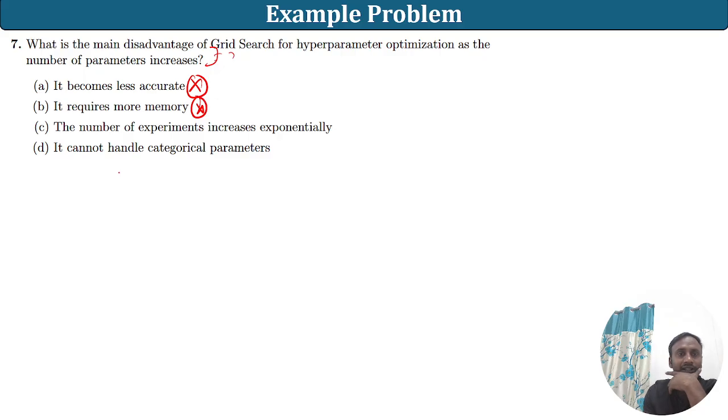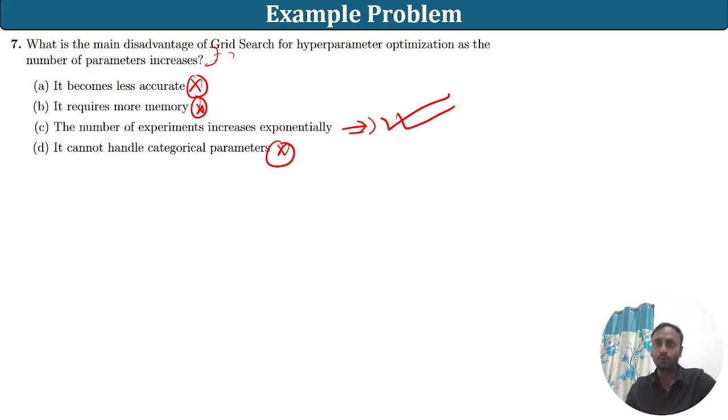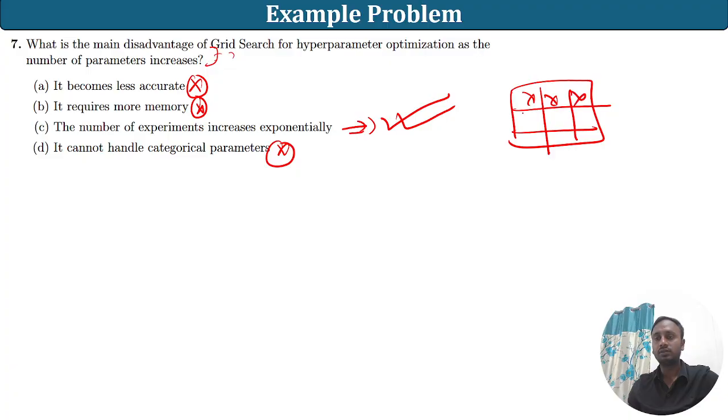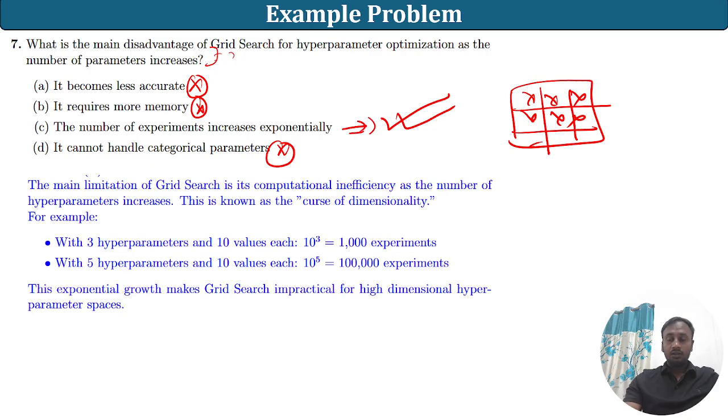So no issue. The thing is that the number of experiments is going to increase exponentially. That is the main problem, because it has to go through each grid. Yes, all combinations it has to go through.